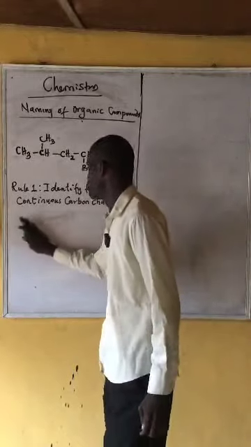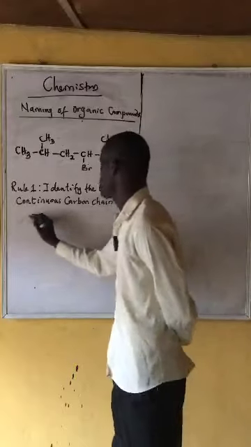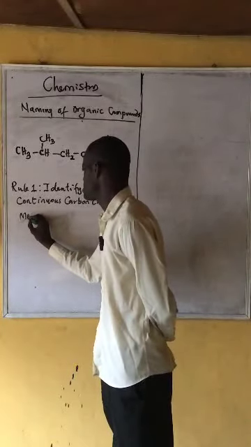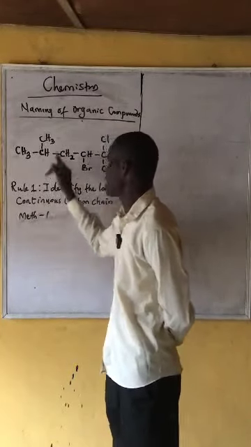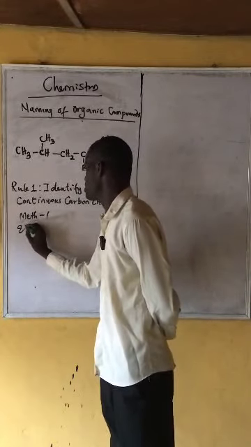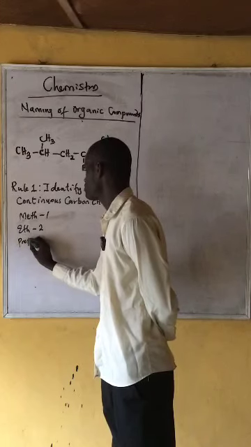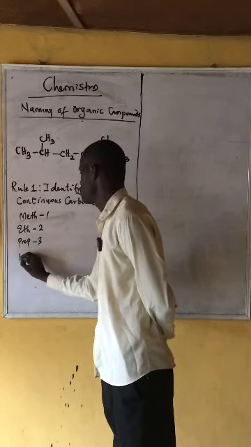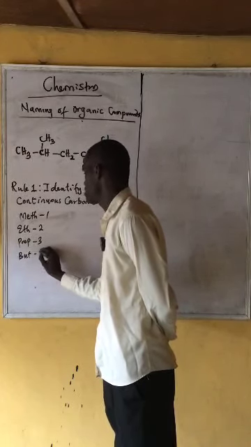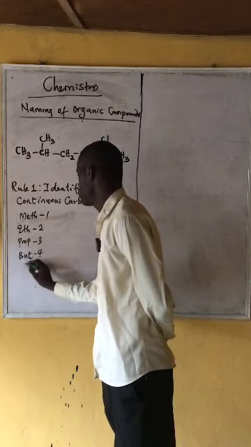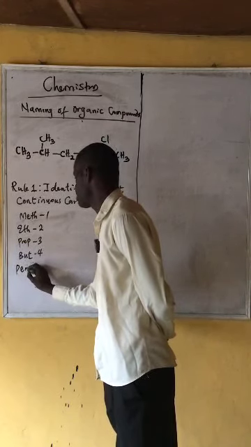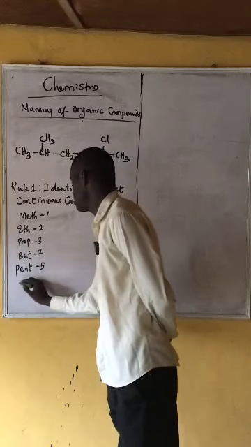Now, for example, how do we get the parent name? When we have 1, it is called meth. Meth is 1. This is alkane. Eth is 2. Then prop is 3. But is 4. Pent is 5.